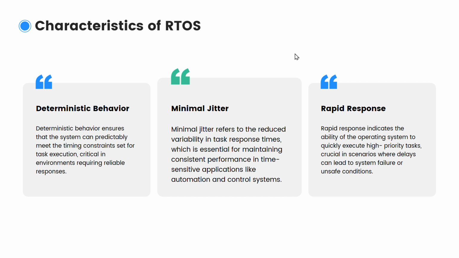Deterministic behavior ensures that the system can predictably meet the timing constraints set for task execution, critical in environments requiring reliable responses. Minimal jitter refers to the reduced variability in task response times, which is essential for maintaining consistent performance in time-sensitive applications like automation and control systems.